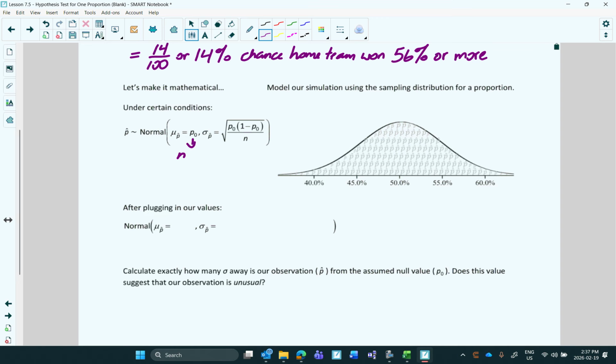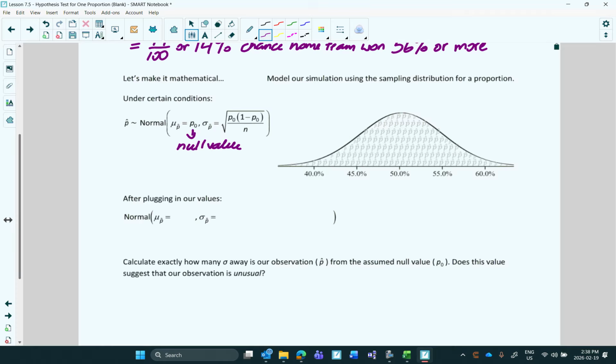P0 represents the null value. That's the original value that we put for P, which was 0.5. We assumed it was 0.5. And then we're going to use that null value along with our sample size to calculate the standard error of the sampling distribution of sample proportions.